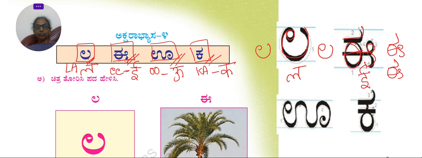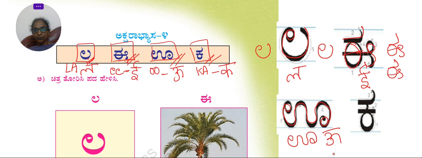Then this is U. Remember in lesson 3 we did U. This is U, it is like you're just drawing some waves. You start like this. This was oo which we saw in lesson 3, and this is oo which we are seeing now in lesson 4. So I'll write it again. You start and it's just like drawing waves.